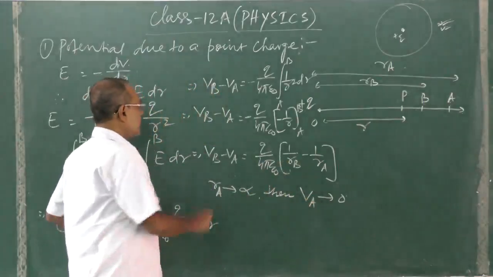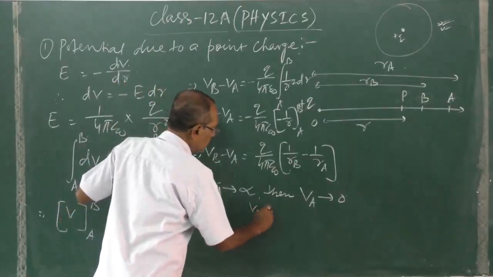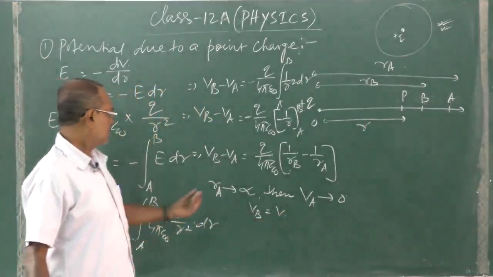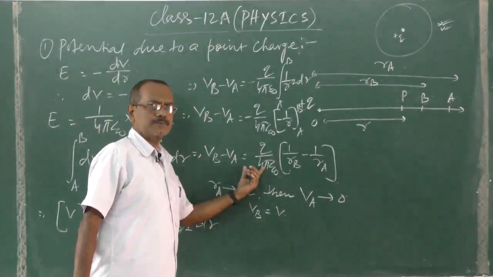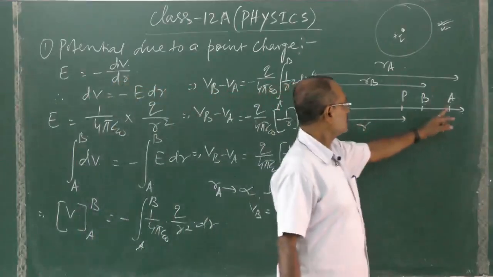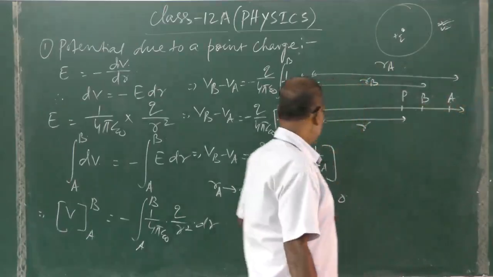And if we take VB as V, then this equation becomes, are you getting me or not? When this point is going to infinity, the potential at infinity is 0.